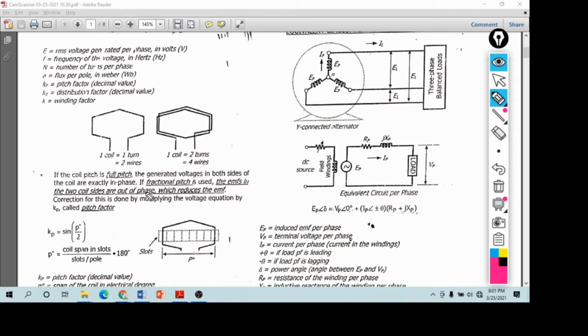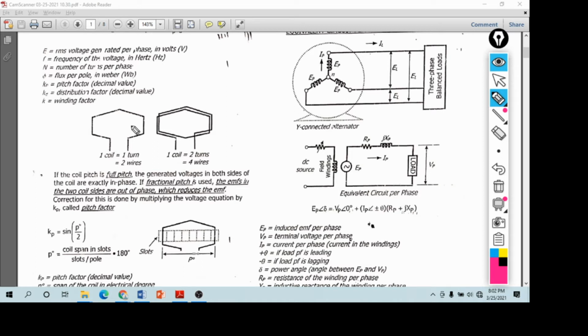If fractional pitch is used, the EMF in the 2 coil sides are out of phase, which reduces the EMF. So if ever fractional pitch siya, like for example, napingis ang imuhang wire sa imuhang pool, not exactly, not perpendicularly sila na in position, no?